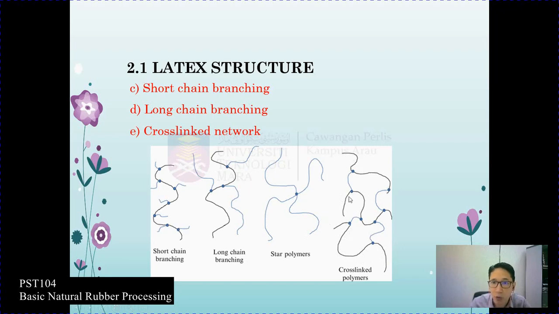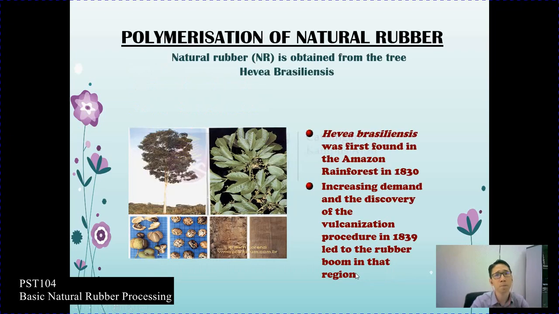Okay, the cross-link is the blue line, so it ties the backbone structure to form a cross-link polymer. Okay, that one is some sort of flashback from previous chapter. So this is the main idea of this chapter.